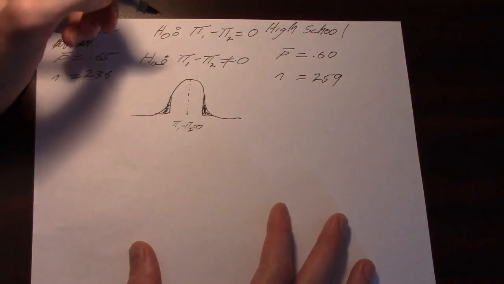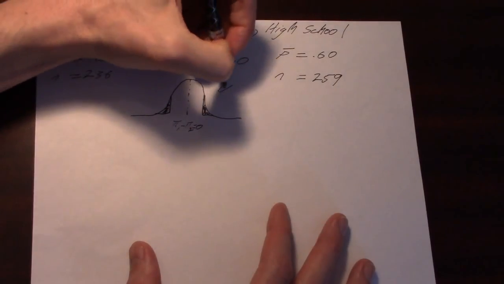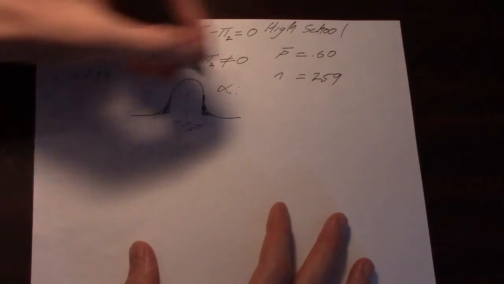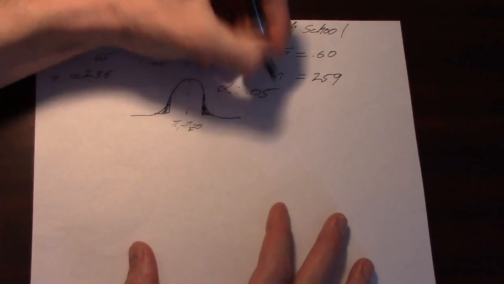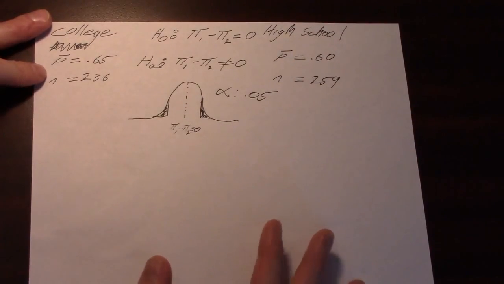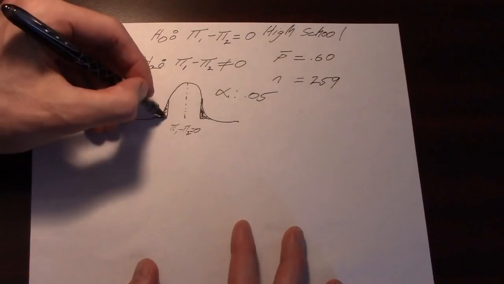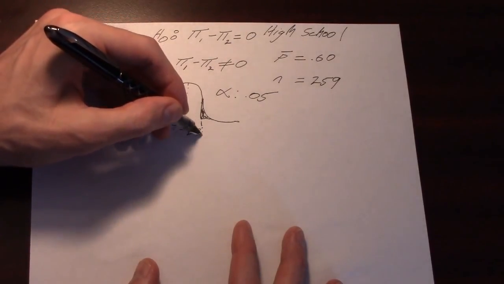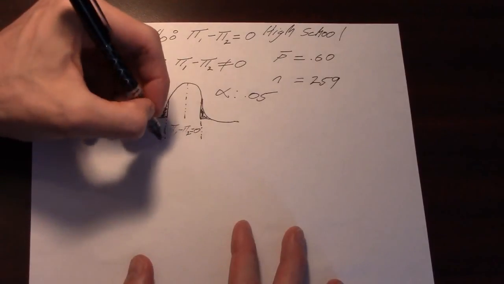And we're looking at a significance level of, what do we like, 5%? Yep, 0.05. All right, so significance level 0.05. That means our critical values are going to separate the upper and lower 2.5%.